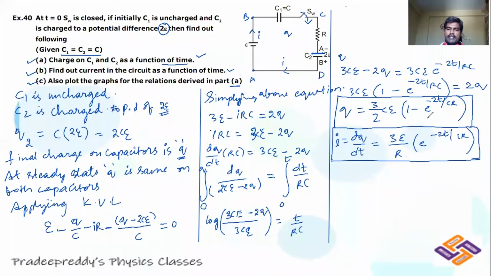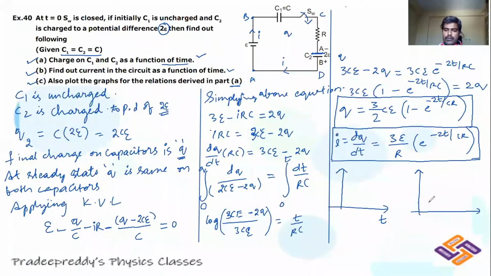And remember, in both cases, it is exponential change, right? And if you plot the graphs, you will get graphs like this. This is time taken t, and upon one capacitor, charge increases, and upon the other, charge decreases.